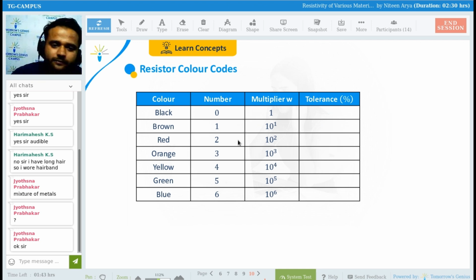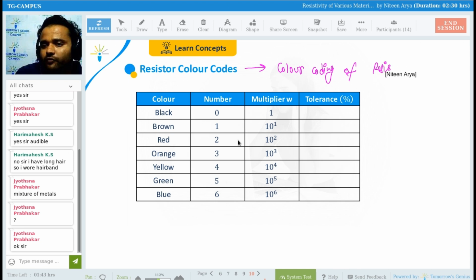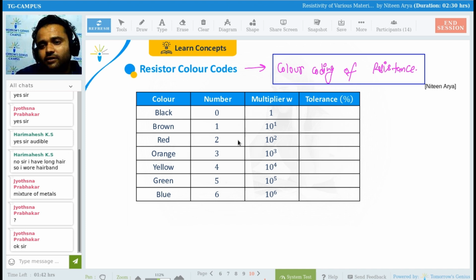This is an important thing. Color coding. Color coding of resistance. If you understand this, then your life is easy for so many number of years.